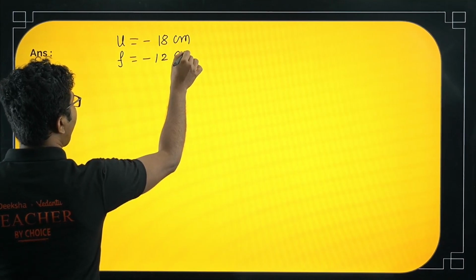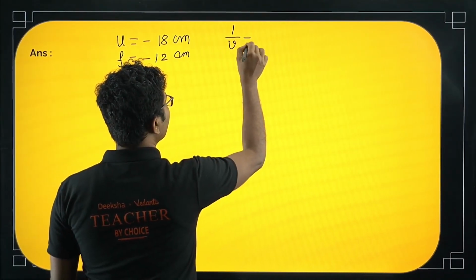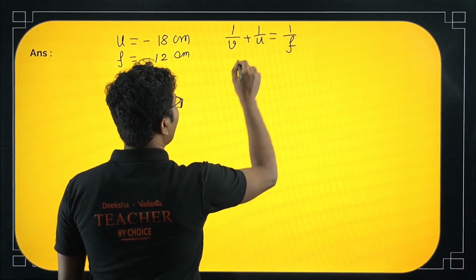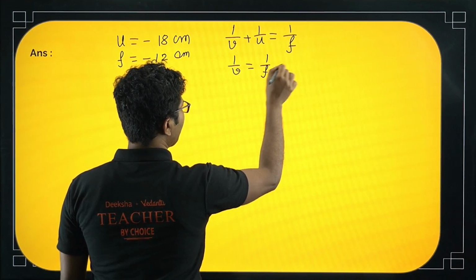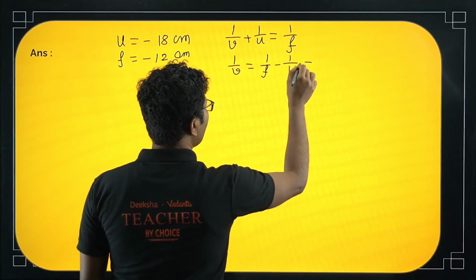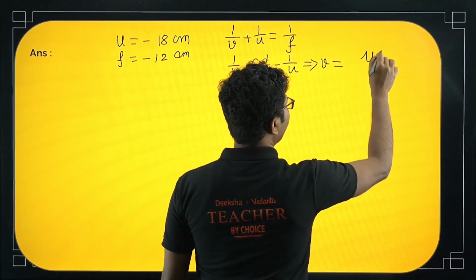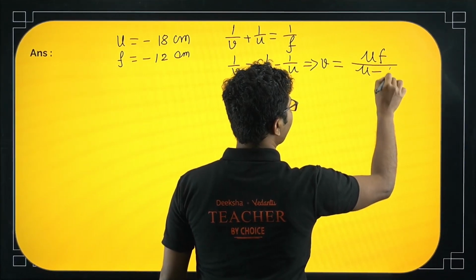Now we have to apply the mirror equation, that is 1 by V plus 1 by U equals 1 by F. I have already done it, so I could have used the same equation. From here you can use V equals UF divided by U minus F, right?